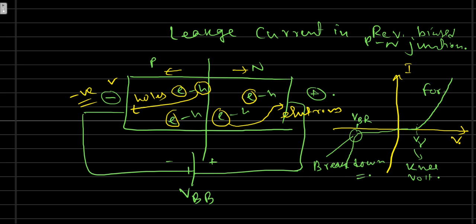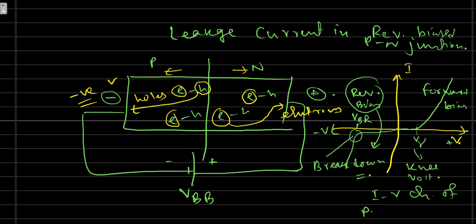This is the forward bias region, and this quadrant is the reverse bias region. The graph you are getting is basically exponential, and this is the VI characteristics of a PN junction diode. So today up to this. Thank you all.